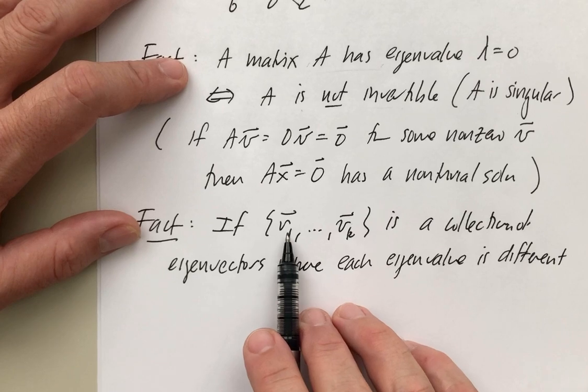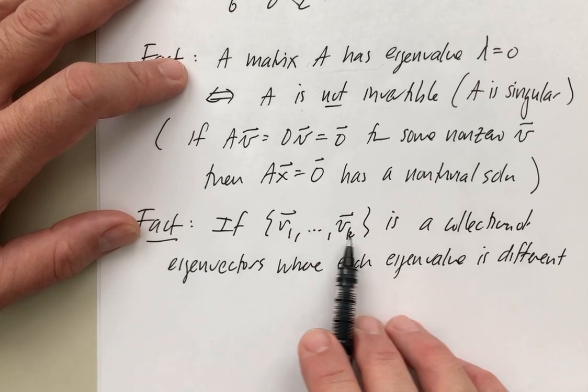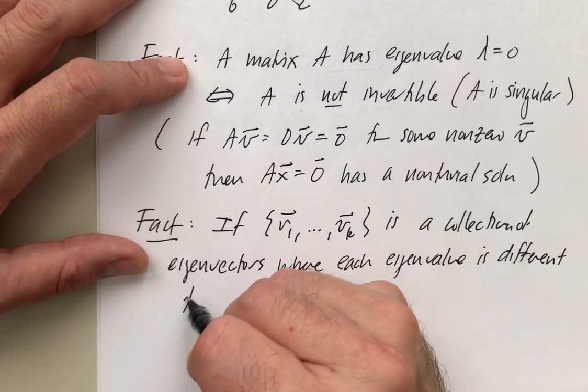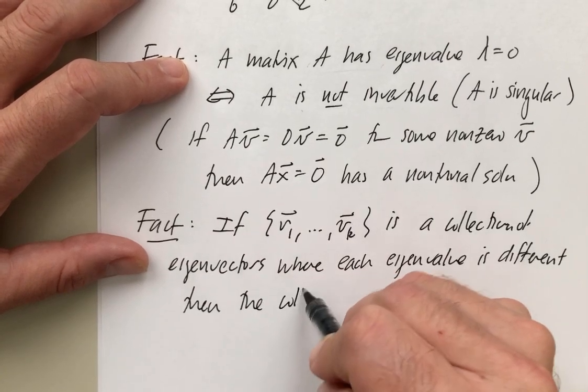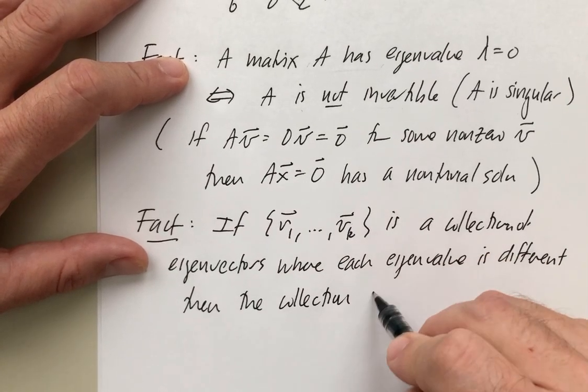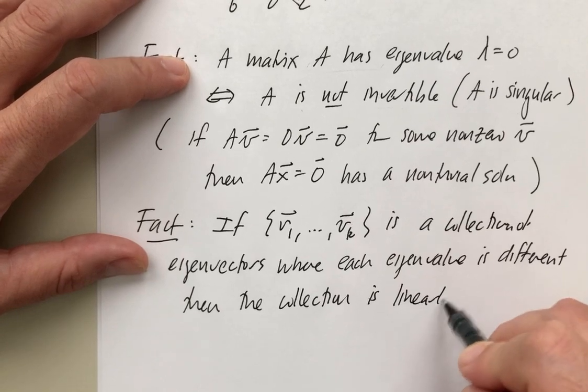Now, this one might have eigenvalue 2, this is eigenvalue -1, eigenvalue 0. They're all different. Then the collection turns out to be linearly independent.